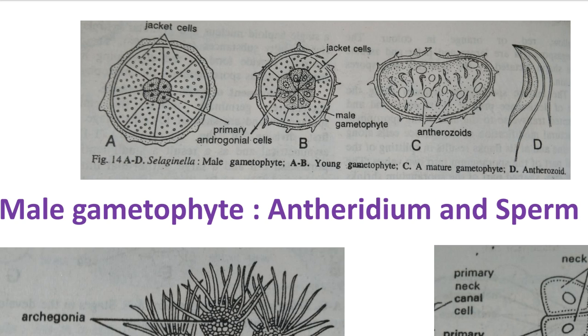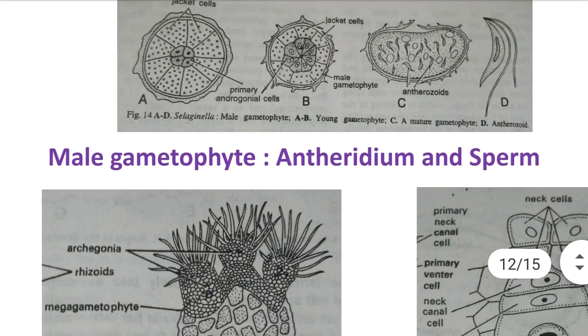So the mature gametophyte, the antheridium, produces many biflagellated sperms.